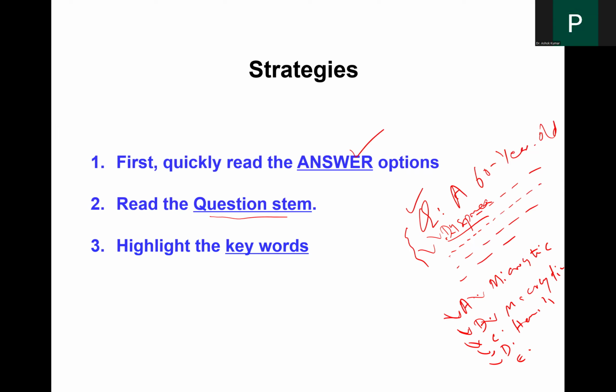But after reading these options A, B, C, D, it makes sense. You are already prepared that the patient is suffering from anemia, so you are focusing on anemia, dyspnea features, then pallor, etc. So you can highlight those keywords.